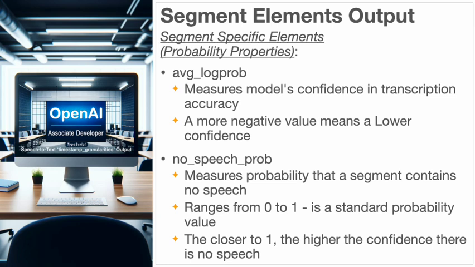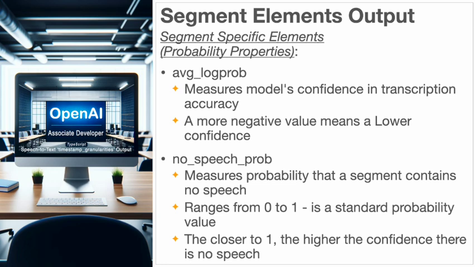In this context, avg log prob represents the average log probability of the tokens in the segment. Remember, the closer the logarithmic probability is to 0, the higher the confidence in the transcription's accuracy for that segment. Therefore, a less negative avg log prob value indicates higher confidence, while a more negative value indicates lower confidence.